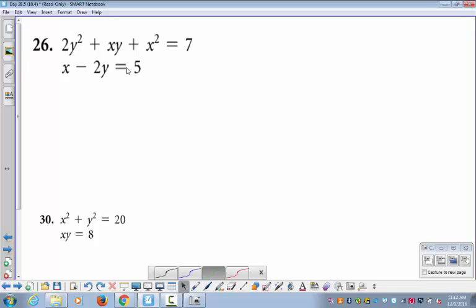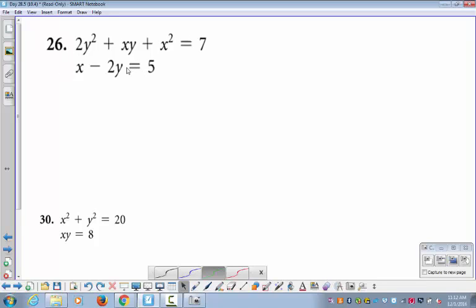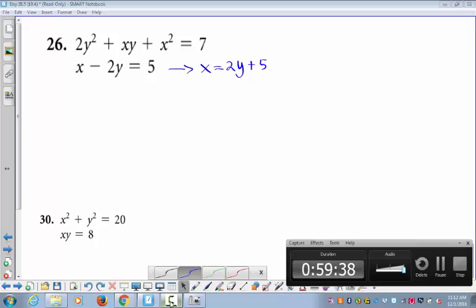What's the obvious direction here? Solve the second one for x and plug it into the first one. That seems probably like the easiest thing to do. So x equals 2y plus 5. So let's substitute that into the first equation then.